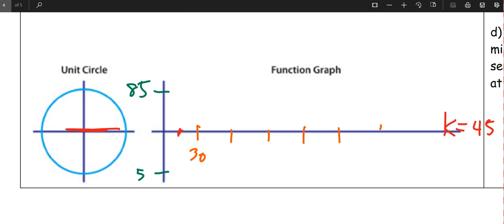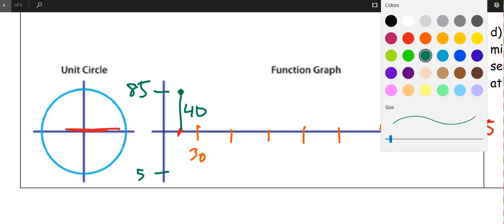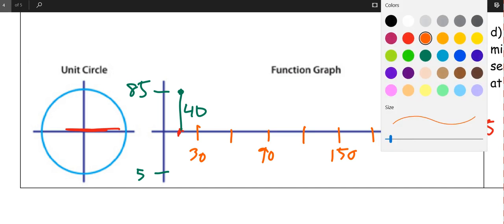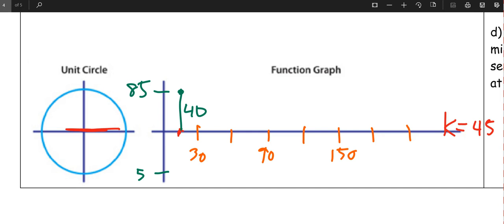So my HK will be right there, and we said that we would use the amplitude to go up 40 to find the first point. Switch back to my scale. 60, 90, 120, 150.